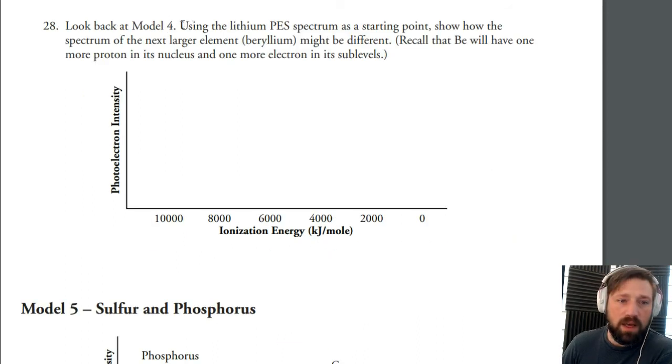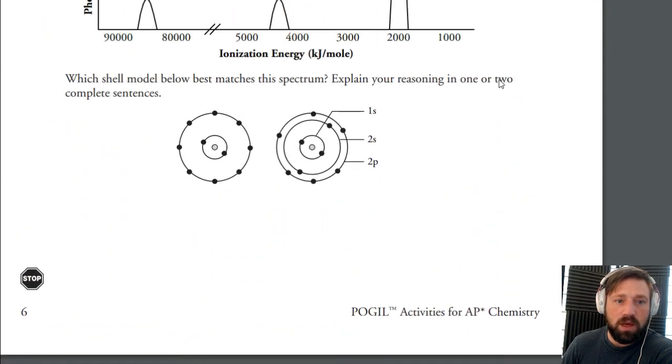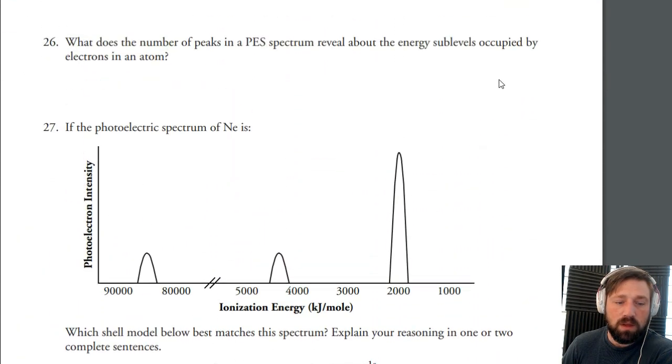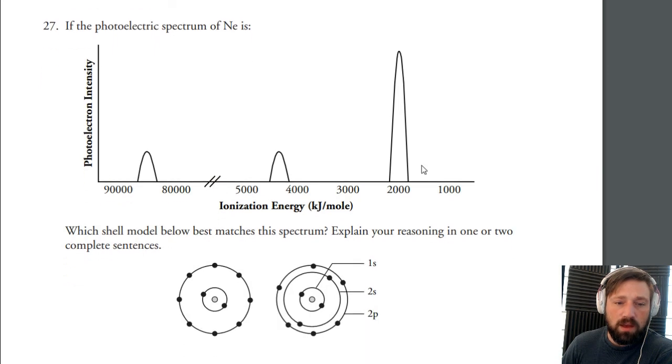Looking at model 4, using the lithium PES as a starting point, show how the spectrum of the next larger element, beryllium, might be different. Recall that beryllium has 1 more proton in its nucleus and 1 more electron in its sublevels. So the things that you're going to need to know are that it's going to have an additional peak that's about half as high as this for our 3s1 peak.